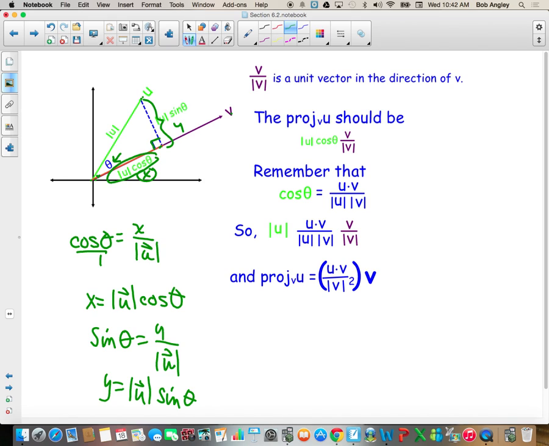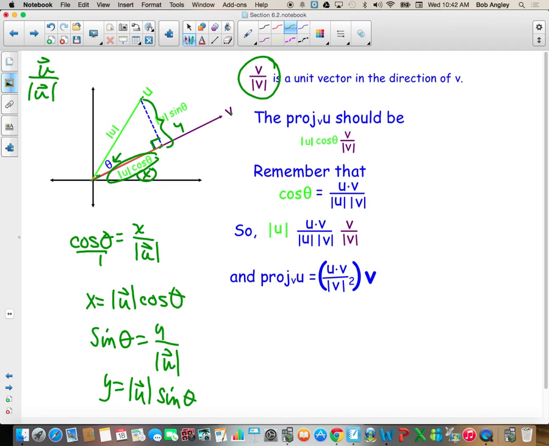Now, do you remember this expression right here? That expression is a vector that is 1 unit long going in the direction of v. When we've seen it before, we had it with u's, but remember, this was defined to be a unit vector in the direction of v.